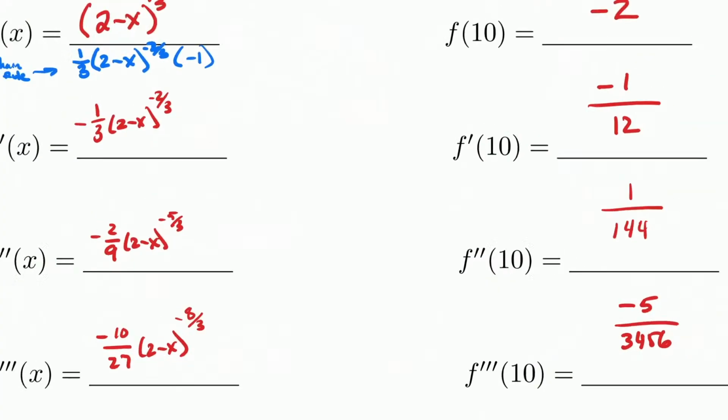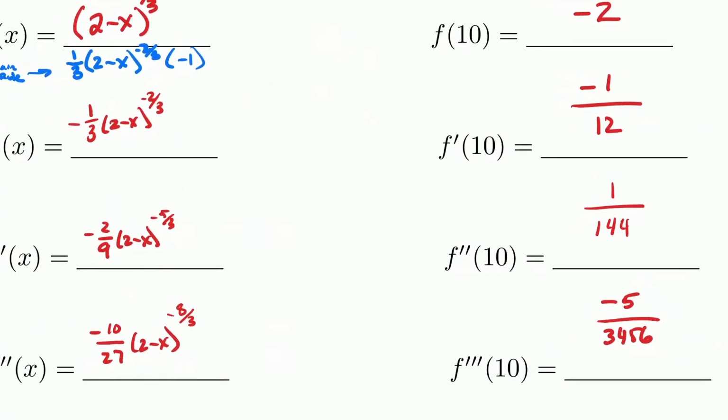This one I did partially on the calculator. Let me double check this. Here I'll tell you what I'm going to type in. 2 minus 10 is negative 8.